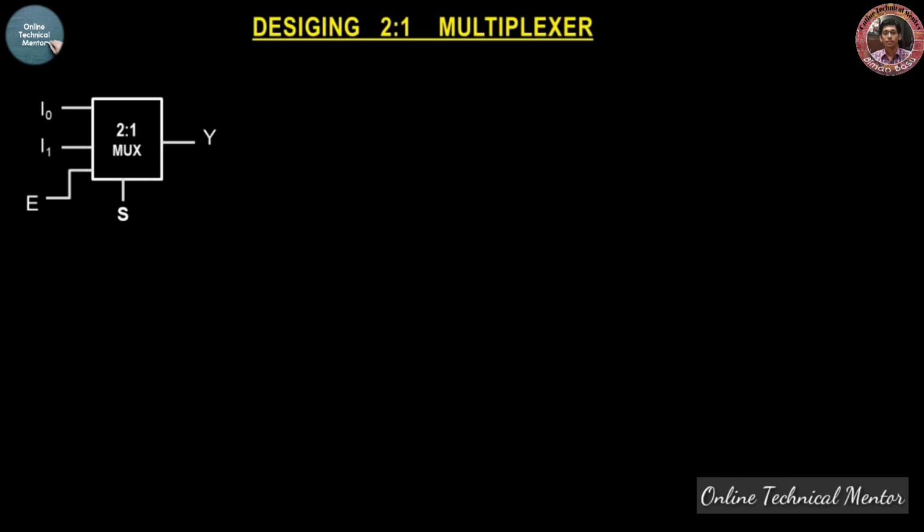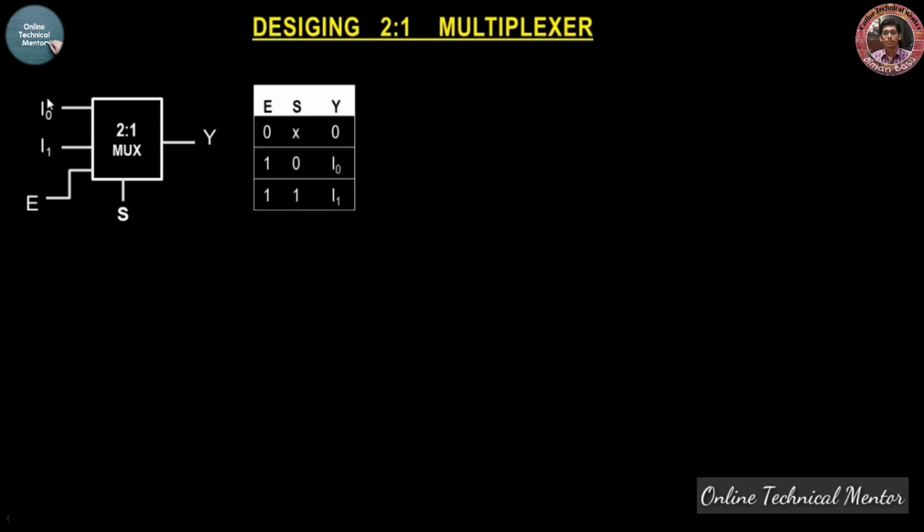Let's draw the truth table of this 2:1 multiplexer. So E is my enable line, S is the selector line, and Y is the output. When E is 0, whatever the value of S, whether 0 or 1, it will not transfer any input data to the output. Now, when E is in the high state, that is the active state, the multiplexer will work accordingly.